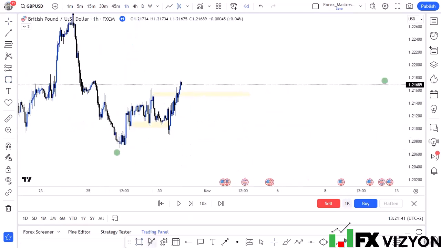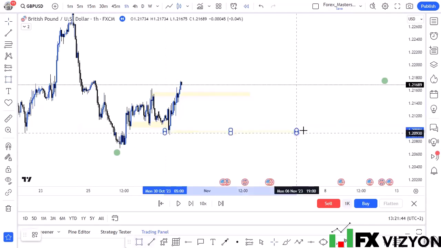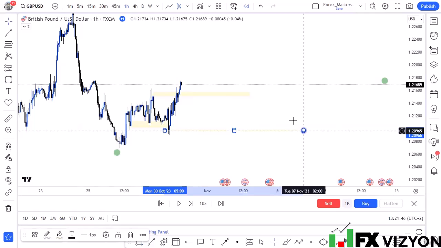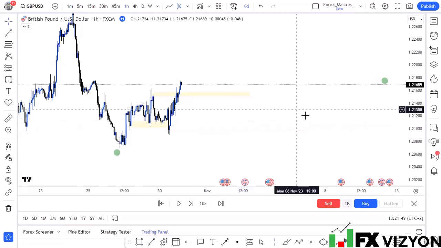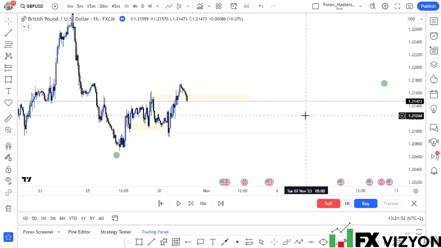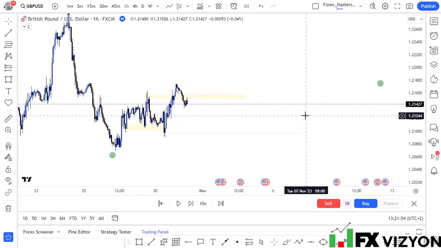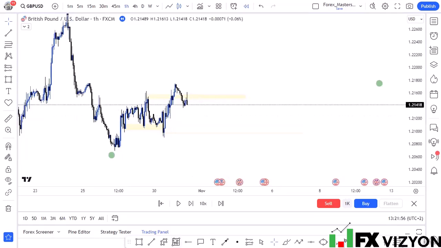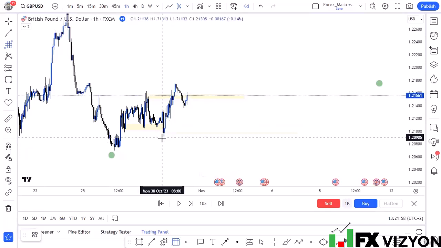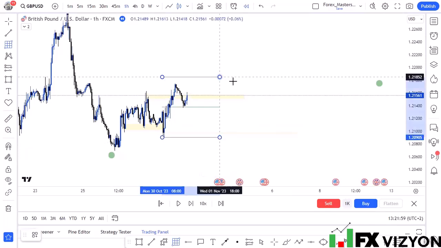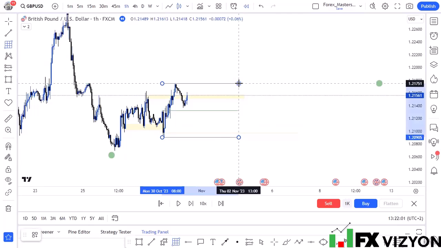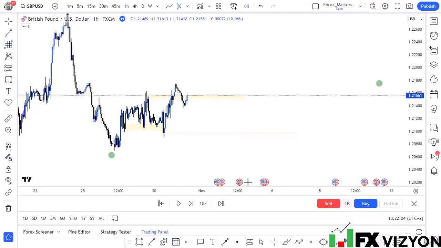And also apart from that, I'm also having this resistance right here, I mean, this support that was created right there. Okay, so what I want to see is, will the market push to the upside, or will the market push to the downside? Now after we have this, the next thing that we can do is put our Fibonacci right here. Not this one. We can put our Fibonacci right here.